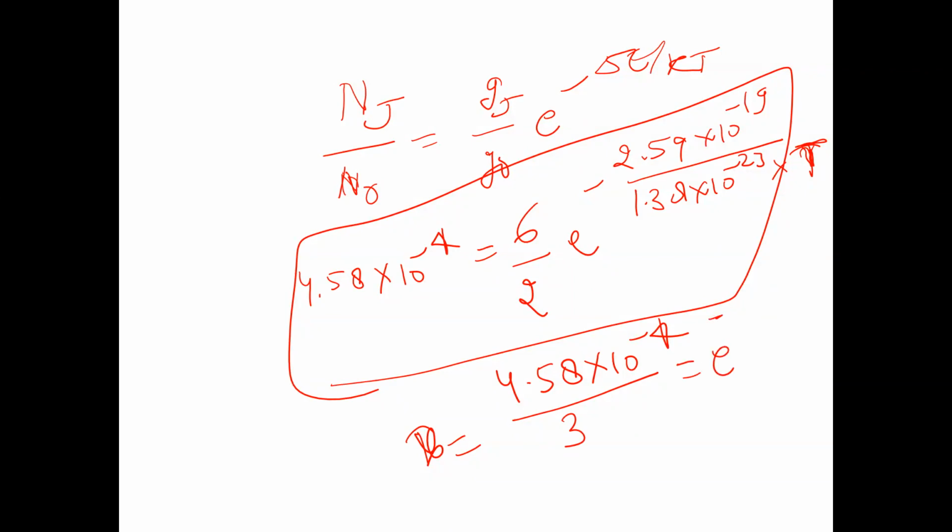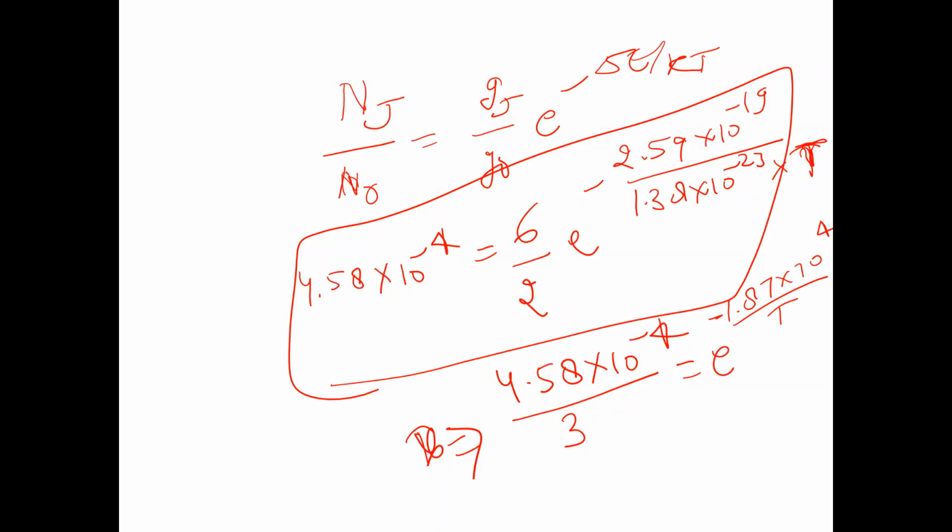And e to the power minus 2.59 divided by 1.38, that is 1.87 into 10 raised to 4, divided by T, right?